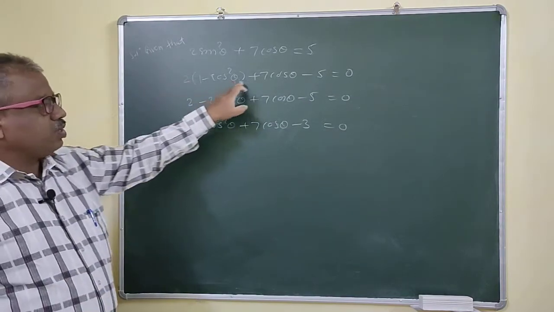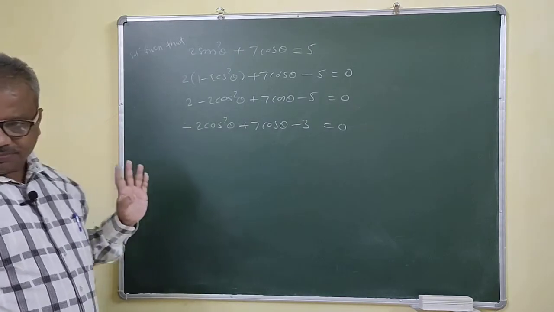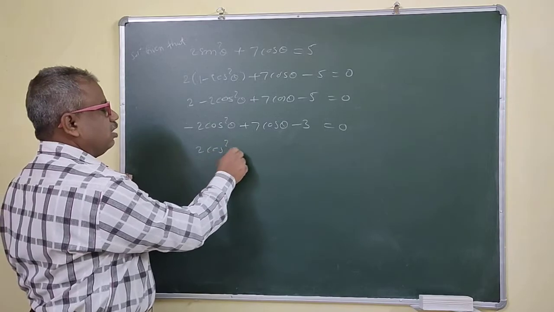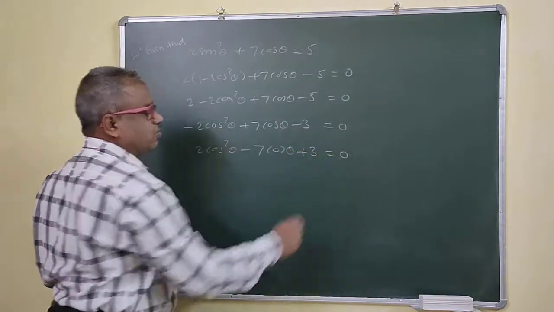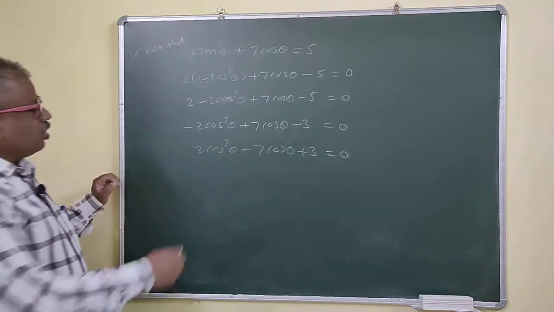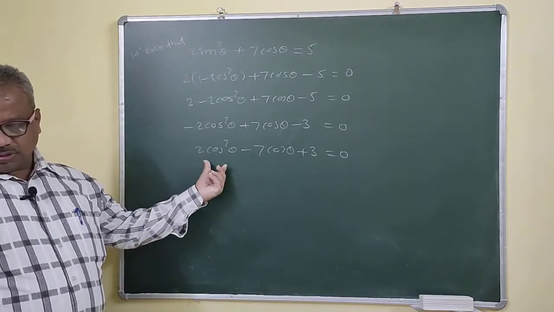You have to multiply by minus 1 now here. Right? So we change the sign. So that will be 2 cos square theta minus 7 cos theta plus 3 is equal to 0. Right? So now this is a quadratic equation in cos theta.